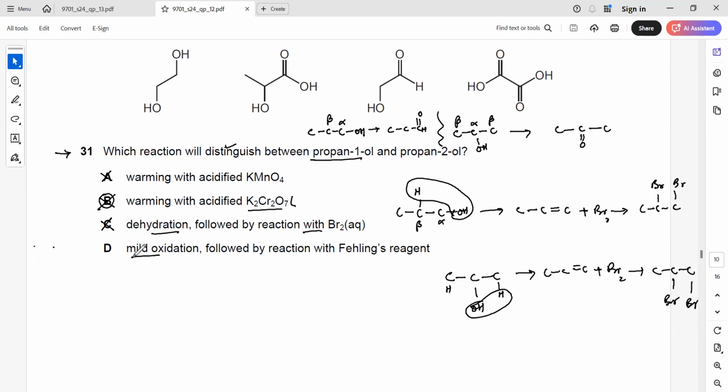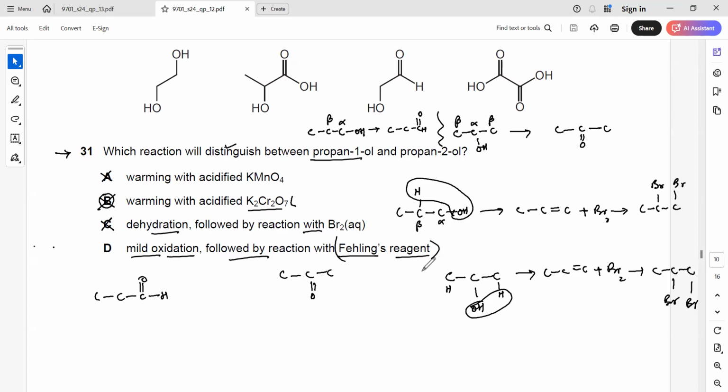So let's see mild oxidation. Yes, if they undergo oxidation, one of them gives us aldehyde, right? And the other one gives us ketone. Followed by the reaction with Fehling's reagent.